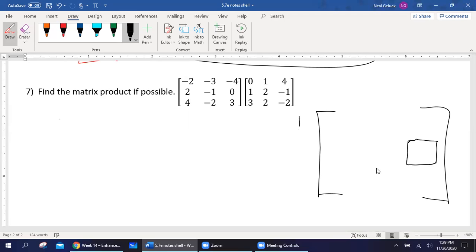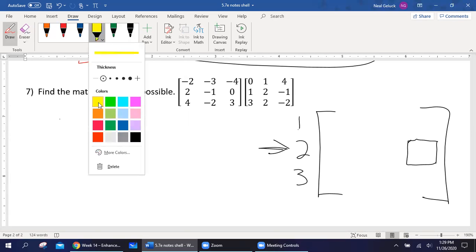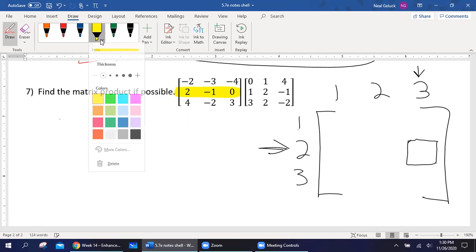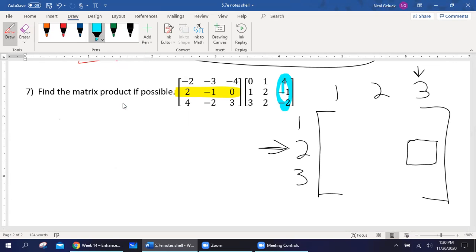I am in row 2. Well, rows are always the first matrix. So row 2, what column am I in? I'm in column 3. So columns are always the second matrix. So I must be multiplying row 2 times column 3.